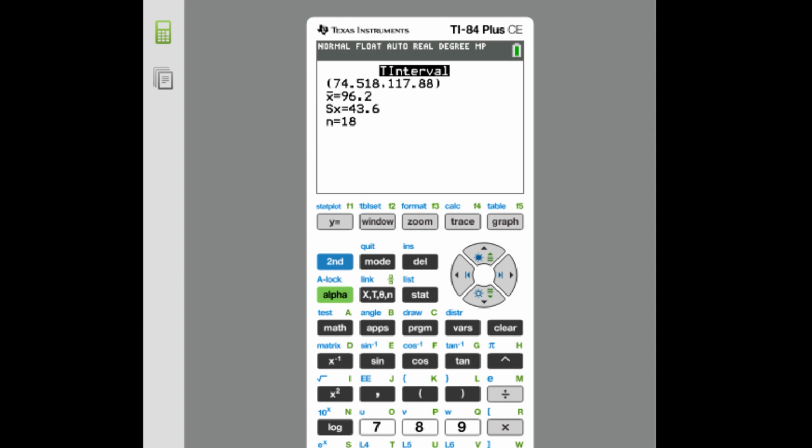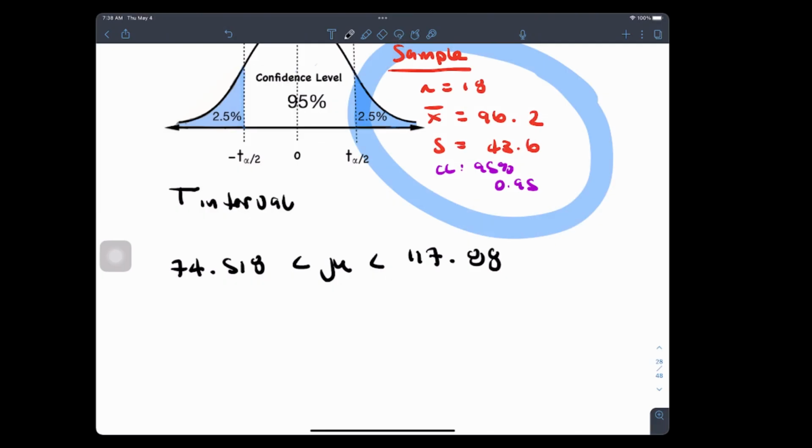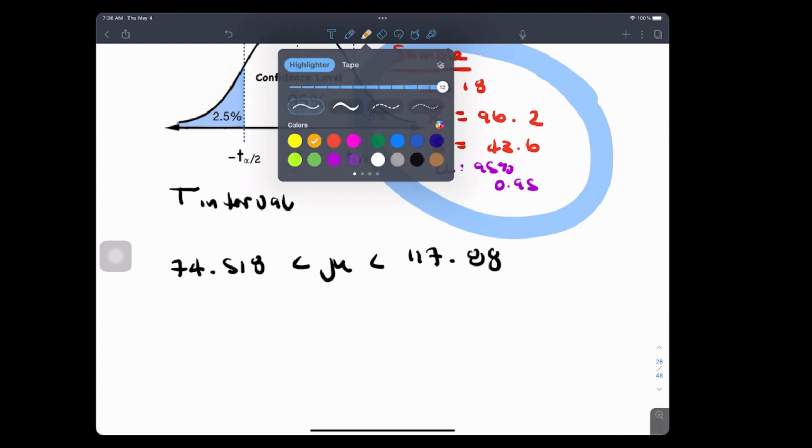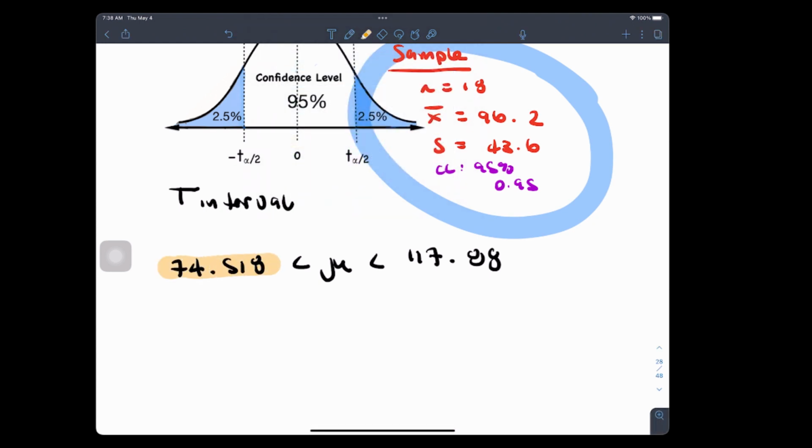This is the mean wake time, ladies and gentlemen. 74.518 minutes, less than mu, less than 117.88 minutes. Okay, you guys okay with that? So you got the lower bound value, you got the upper bound value, and here, this is the mean, ladies and gentlemen.